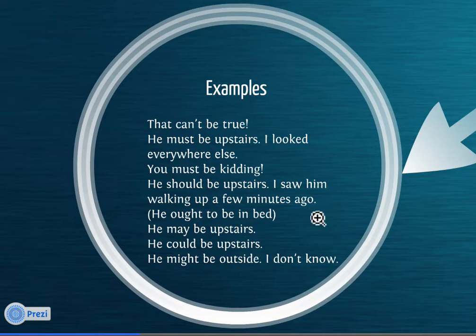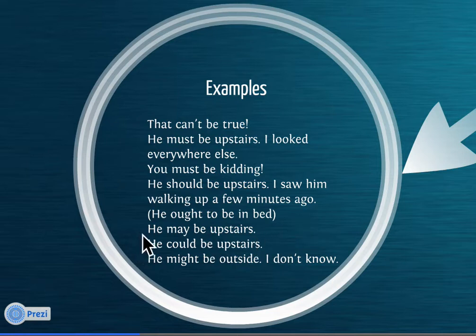But with another context, for example, he ought to be in bed because he's very sick, that is advice. So it can have both meanings depending on the context. He ought to be in bed because he's very sick, that's my advice. Or he ought to be in bed because I saw him going upstairs.